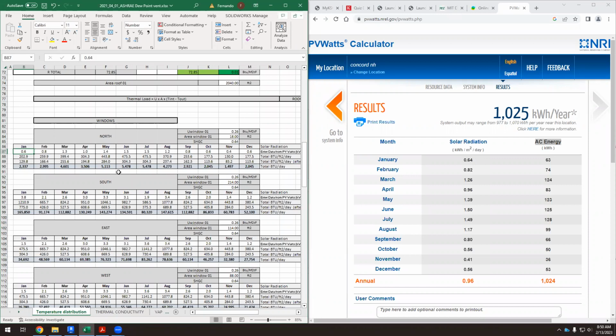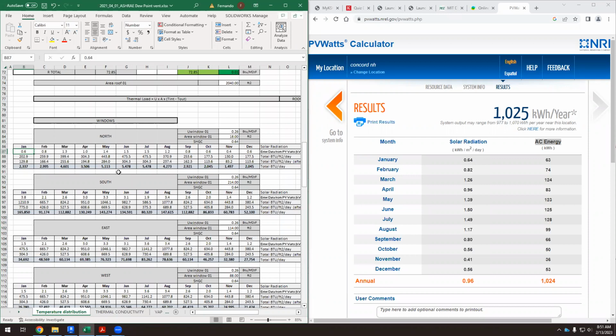And we have to multiply this times the area of the window. Okay, so this value is BTU per hour per square foot. So this value is BTU per hour, because we have multiplied this times the area of the window in square feet. Okay, so this is what we are doing here.